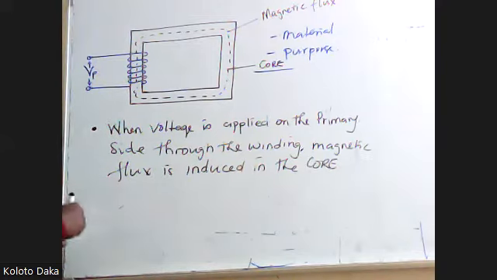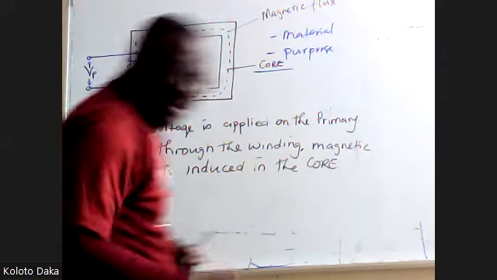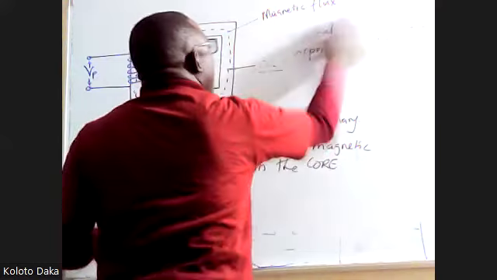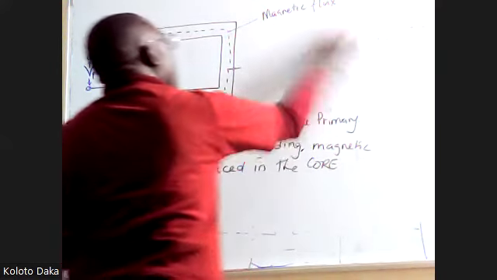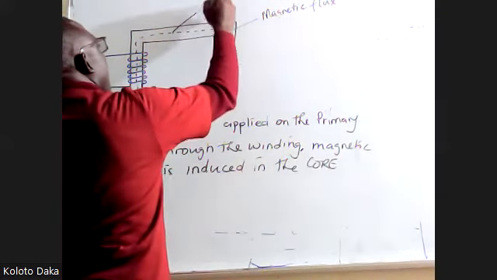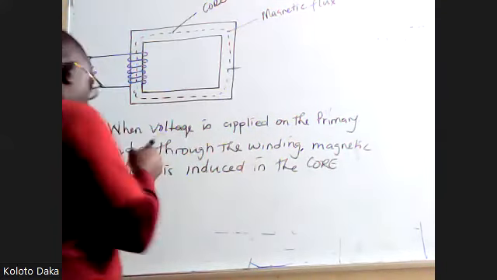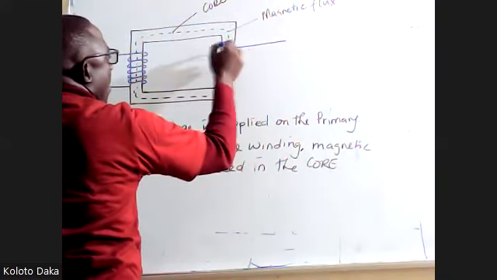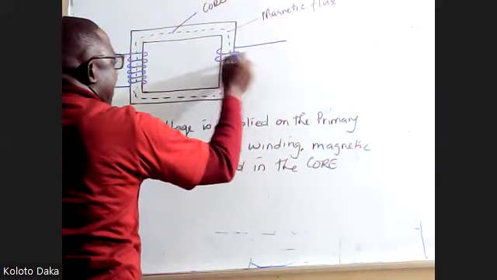Then what happens when this magnetic flux is there? So here there will be secondary winding.